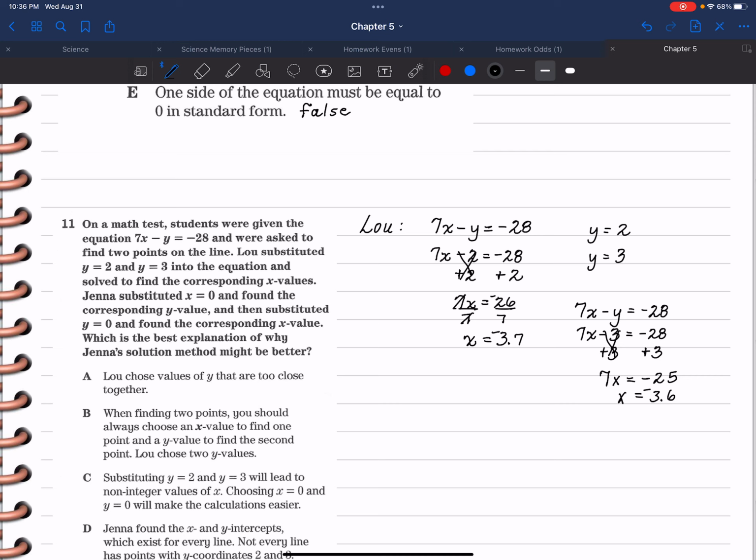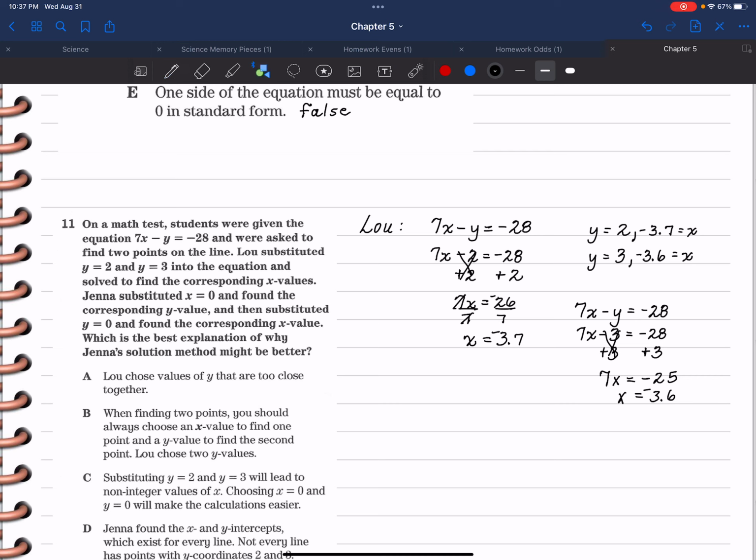He said when y is 2, x is negative 3.7. And when y is 3, x is negative 3.6. So there were his points. Excuse me, this is x, and this is x.